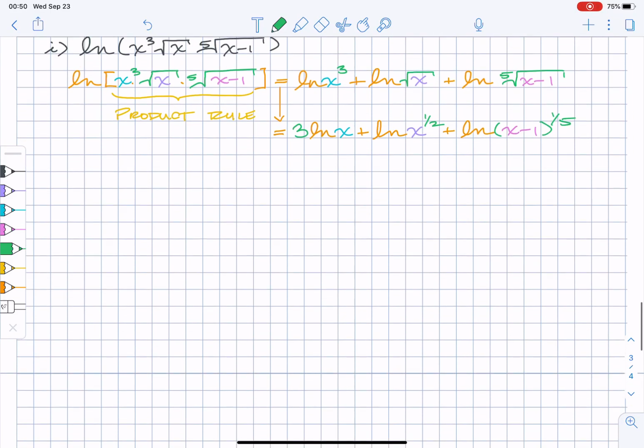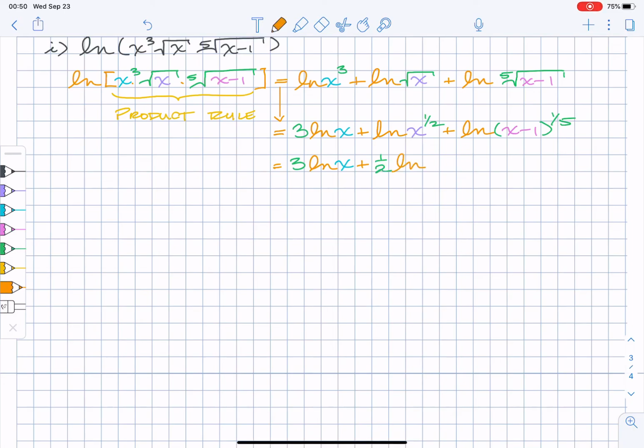Okay, so my next step is to use the properties, the power rule, to bring the 1/2 and the 1/5 out in front for the second 2 of the 3 terms. So we will have 3 times natural log of x plus 1/2 times natural log of x.